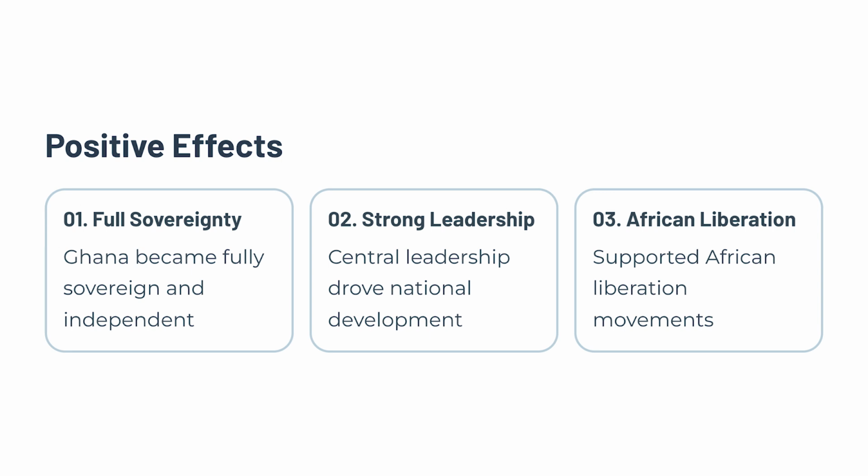The first is that Ghana became completely sovereign and independent, with complete control over national affairs. Secondly, the country had a centralized leadership that helped drive national development projects and modernization. And finally, the Constitution allowed Ghana to support African liberation movements, inspiring other countries struggling for independence.